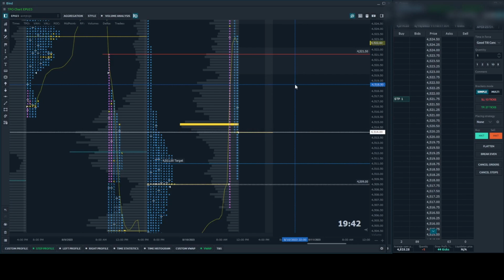I just really think we're going to make it to that POC. That's what we've been doing the last 3-4 days.